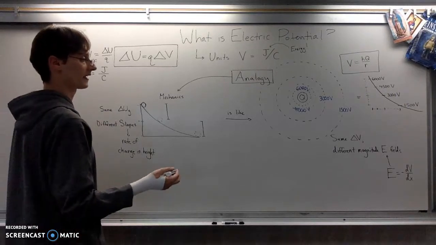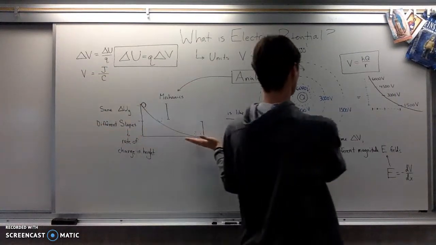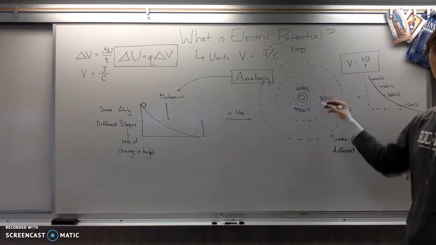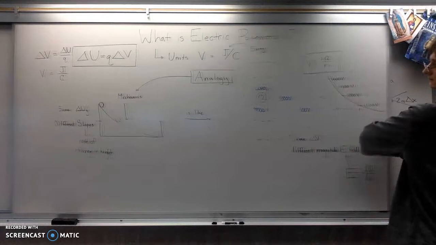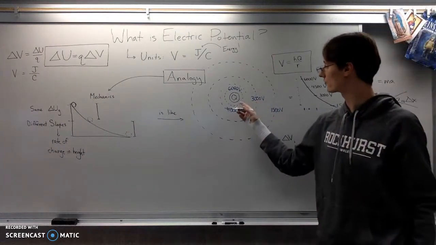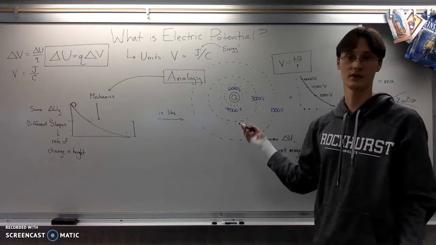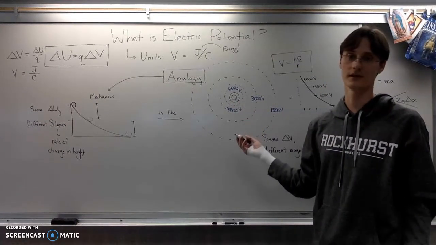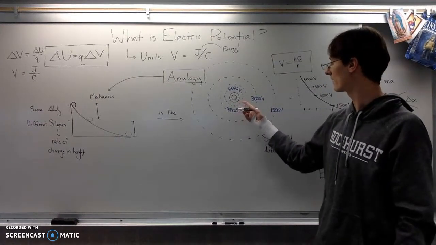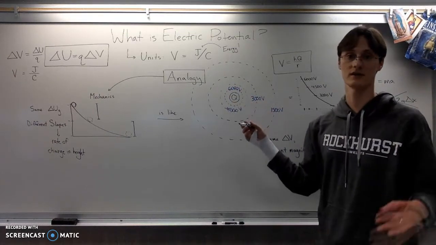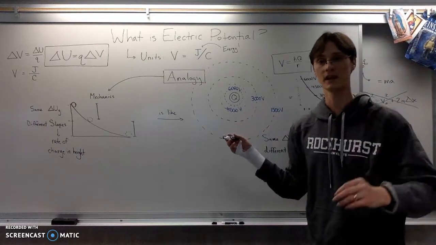All right, so if I come over here now and I say this is actually what it's like, you can see, or you should be able to see here, I've drawn a point charge in the middle here. It's labeled Q. Whatever Q is, it's some number. And then around that, I've drawn a dotted line. And then some more dotted lines, right? Make kind of a bullseye sort of a thing.